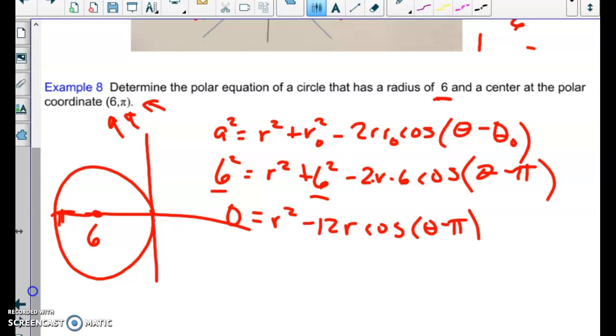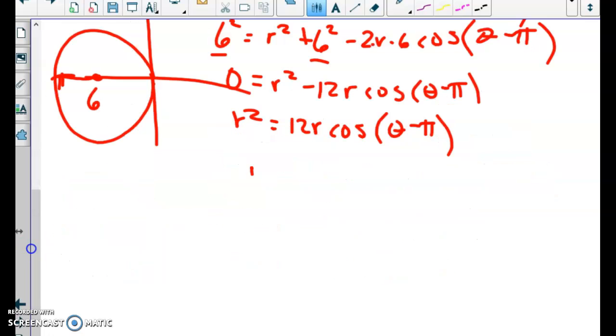And let me do this where I put r squared on this side, which means this would be positive 12 cosine of theta minus pi. I think I can divide the whole thing there by r to get an r by itself.